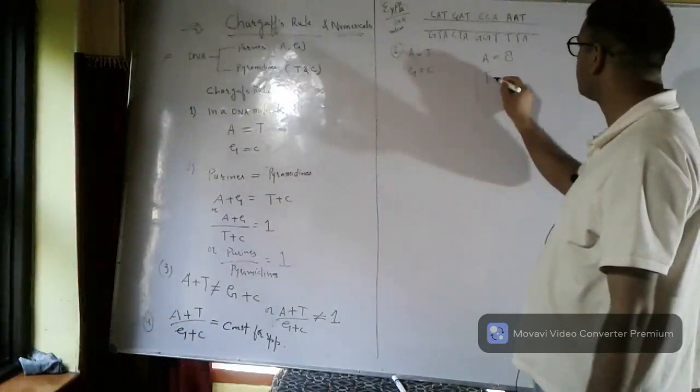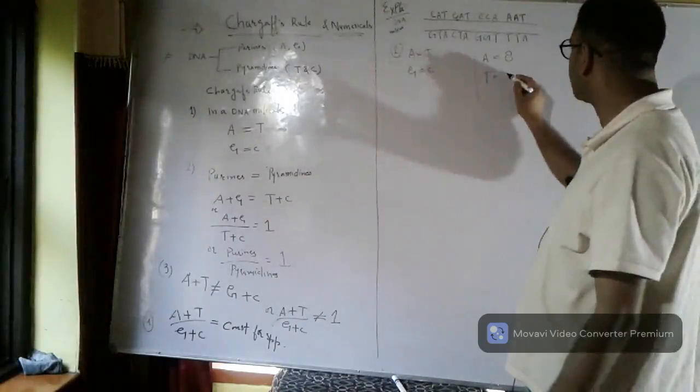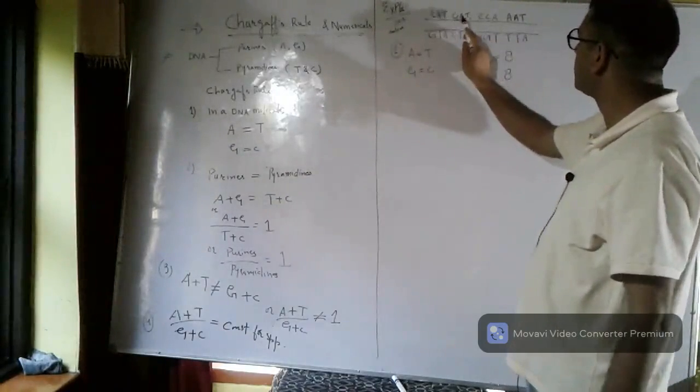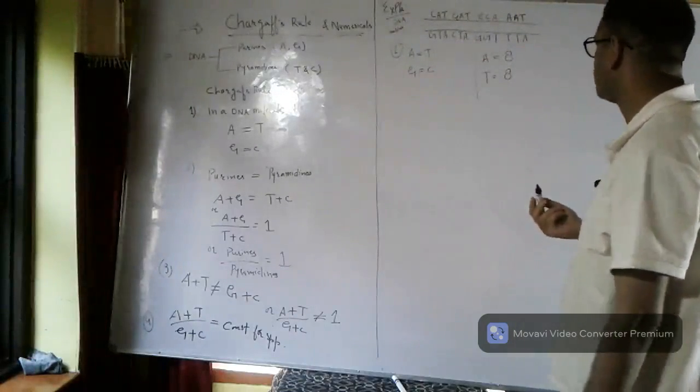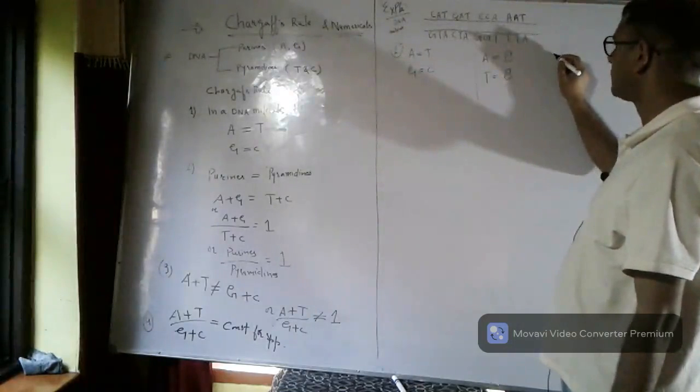Obviously, how many thymine would be there? There would be 8 thymine. We'll calculate 1 2 3 4 5 6 7 8. So adenine 8.